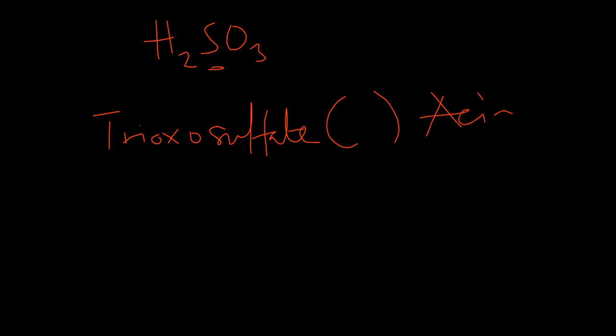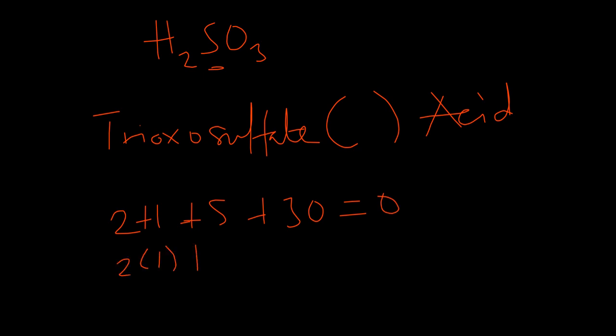So we would have to determine the oxidation state of the sulfur. Here we have 2 of the hydrogens plus sulfur plus 3 of the oxygens equals to the charge on the compound, that's 0. So 2 times the charge of hydrogen, which is 1, plus sulfur plus 3 times the charge of the oxygen, which is minus 2, equals to 0.